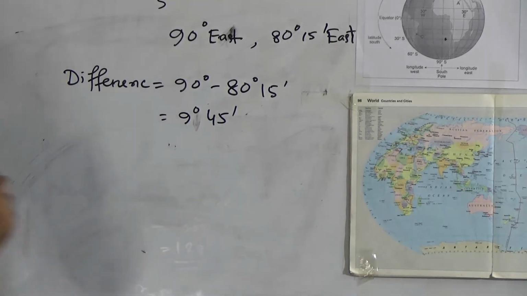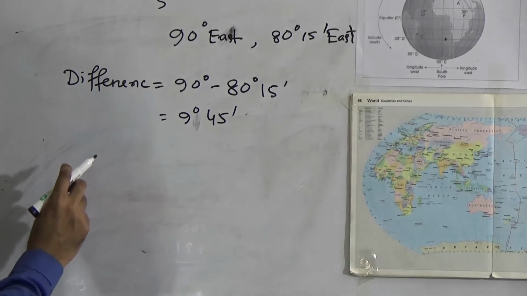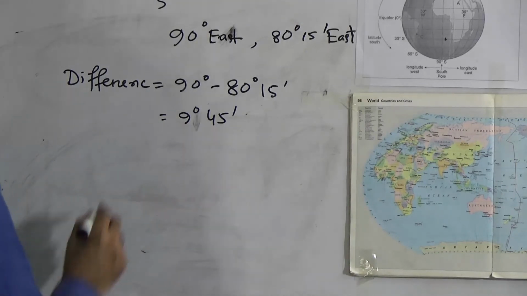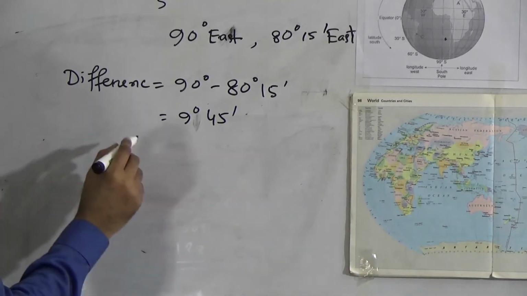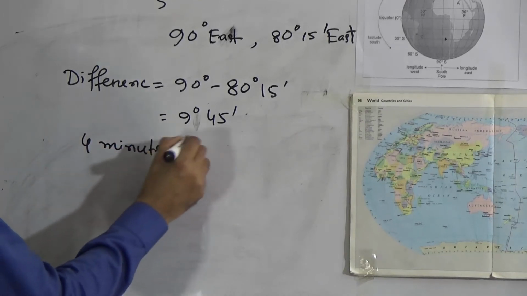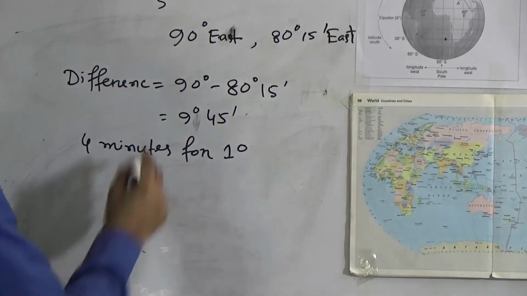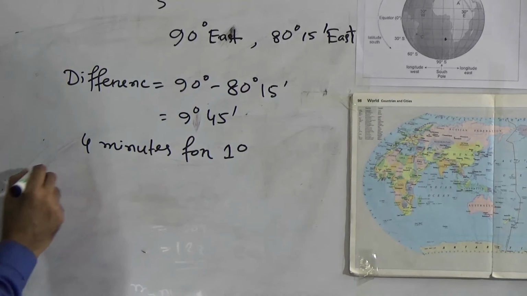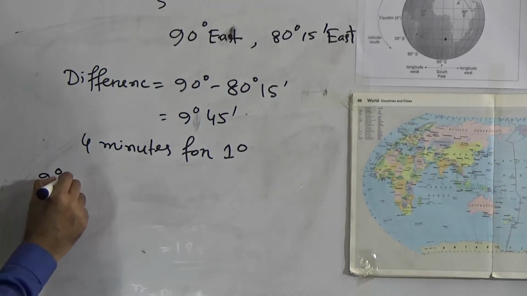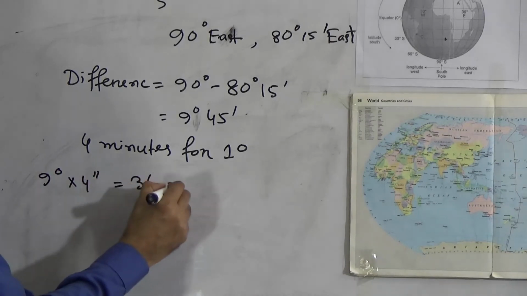Now time will differ 4 minutes for 1 degree. We know that time will differ 4 minutes for 1 degree. Now we can calculate it. For 9 degrees, 9 into 4 minutes, that means 36 minutes.